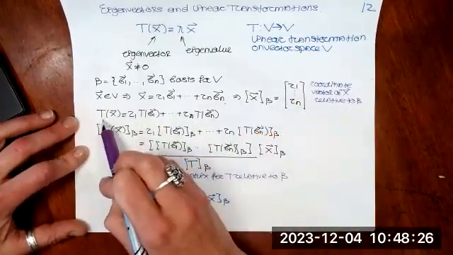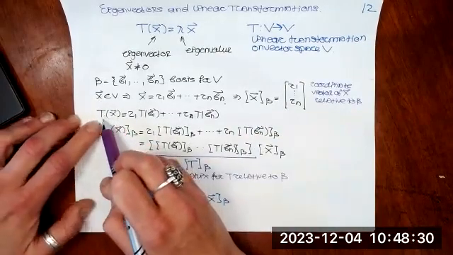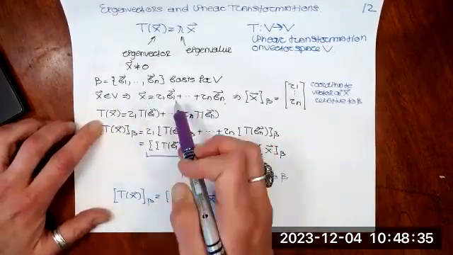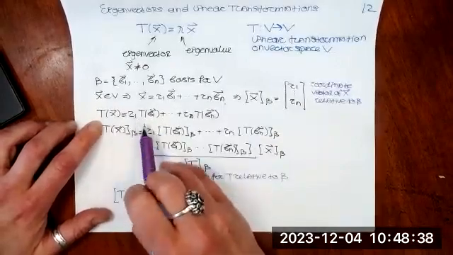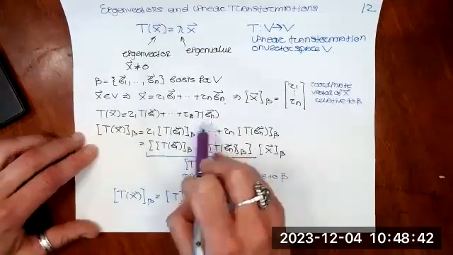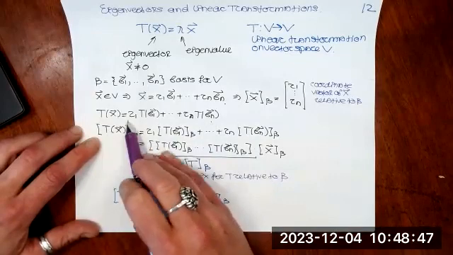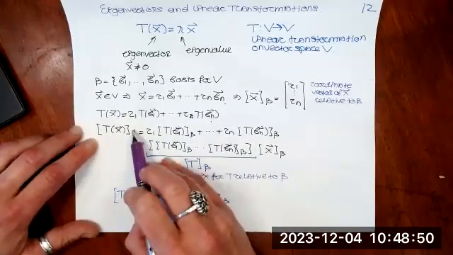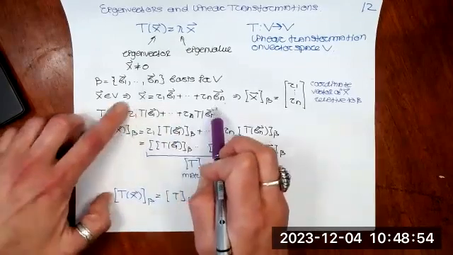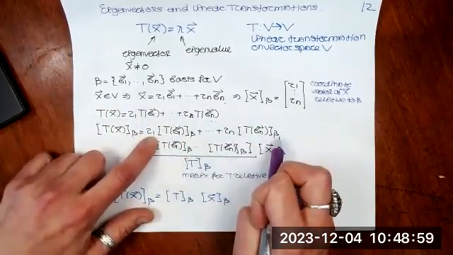Then if I take the linear transformation of x, since it's linear, I can split up the sum and factor out the constants, so by linearity T of x is this. Then the beta coordinate transformation is also linear, so applying it to the whole thing, I can factor out the constants and split it into this big sum.